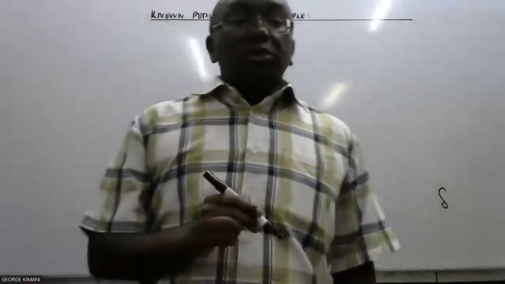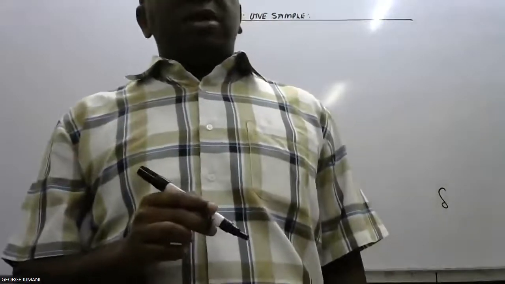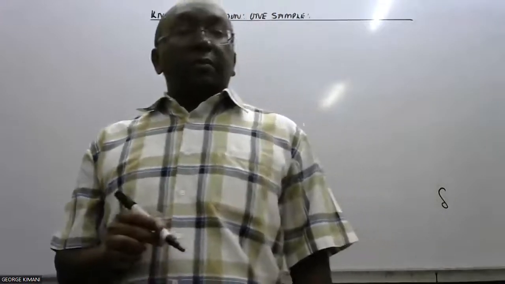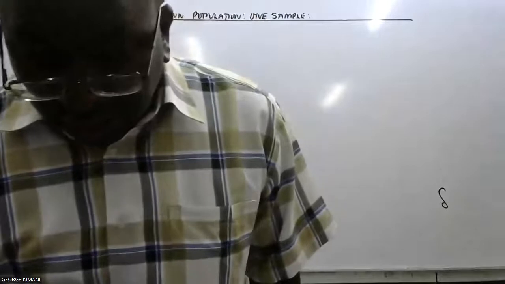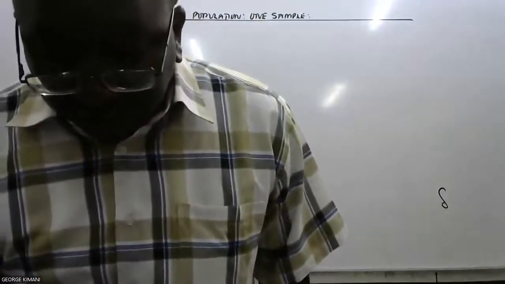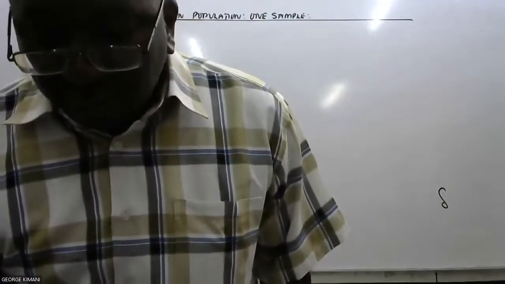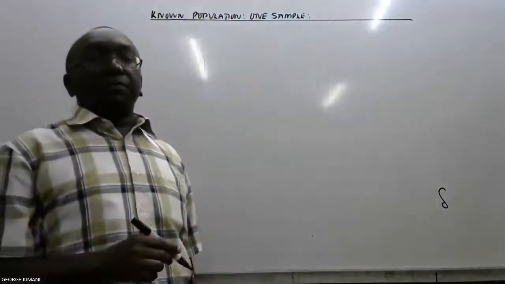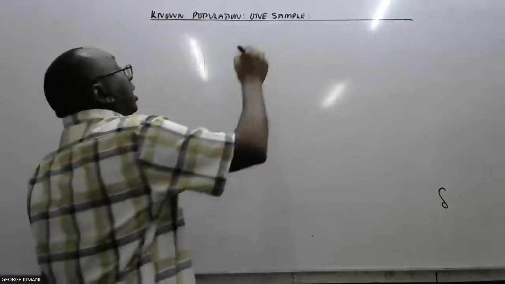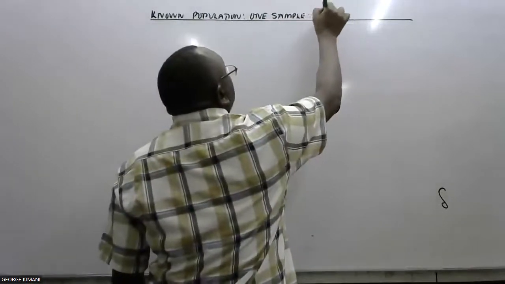The other thing you should know is, are we dealing with the mean or the proportion? Again, you get it from the question statement, which says, what is the 95% confidence for the population mean weight? So is that talking about the mean or the proportion? The mean. It's a case of one mean, or single mean.